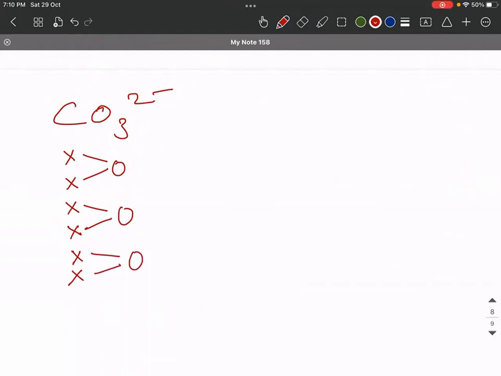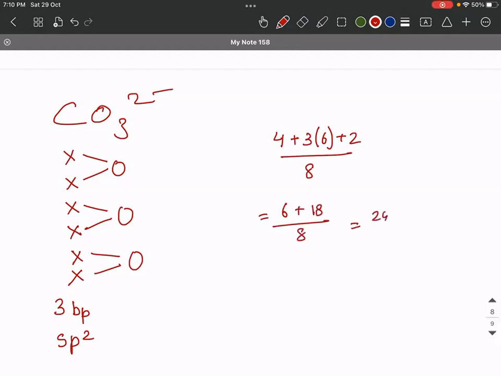CO3 2 minus. Okay, now you put carbon. Carbon is 4 plus 3 into 6, 18, plus 2, that is 24. 24 by 8 is 3. So sp2, right?